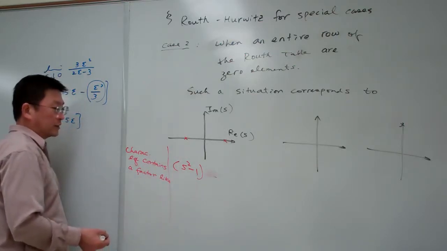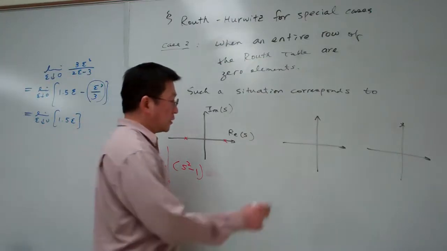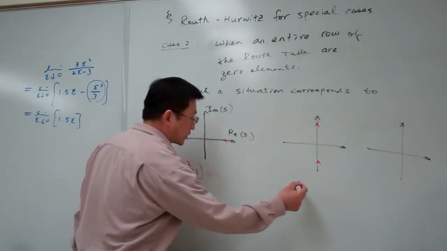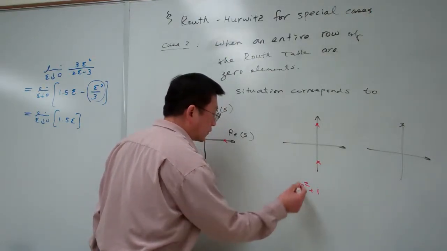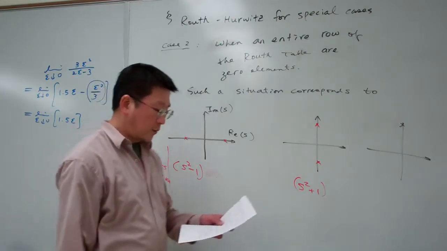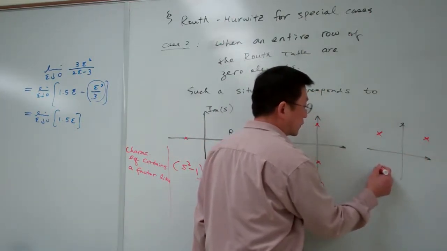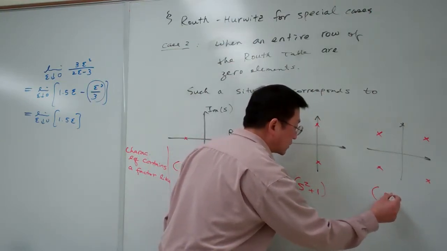I try to tabulate. So that is the situation. The second one is the root could be like this. That means that is s squared plus, for example, 1. And it could possibly have this reflected one, so for this case, the factors could be like this.